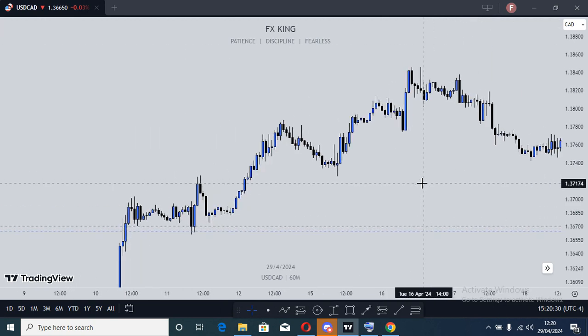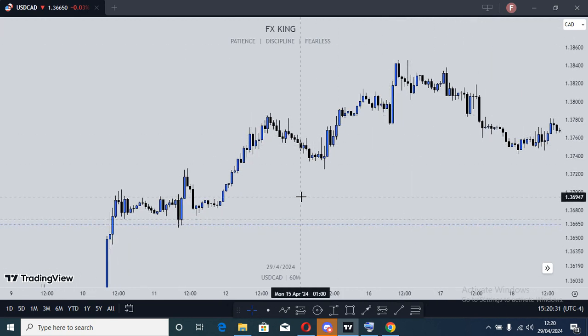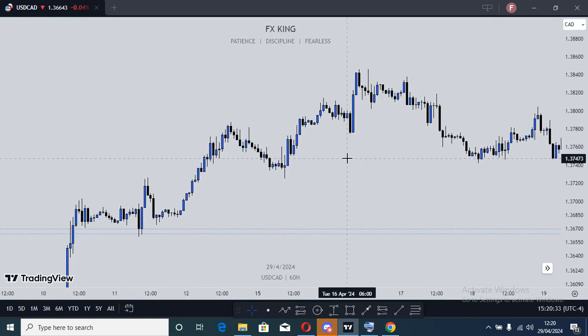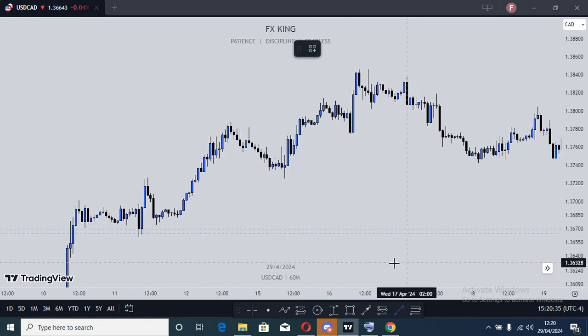So what you do is you mark your structure. When you're marking the structure in an uptrend, you mark your inducement, your last pullback, then you mark your break of structures and so on.